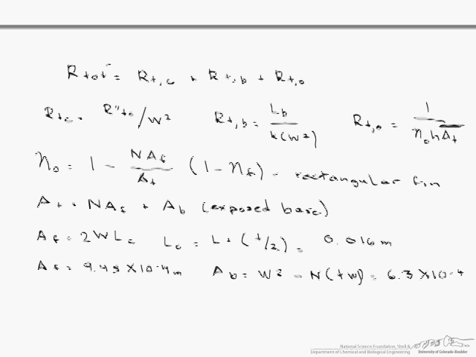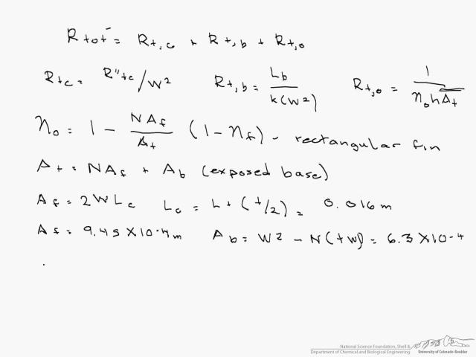Now, from that, we can calculate our total area, where our total area is, again, the number of fins times its area plus that of the exposed base, which ends up being 6.3 times 10 to the minus 3 meters squared.